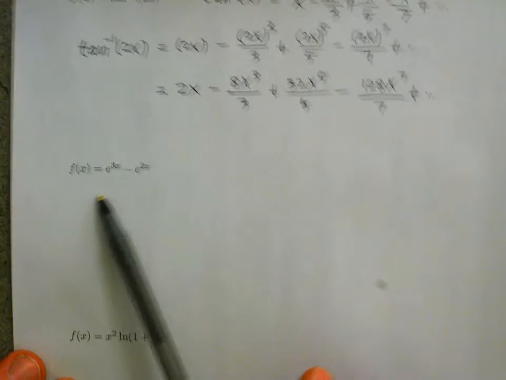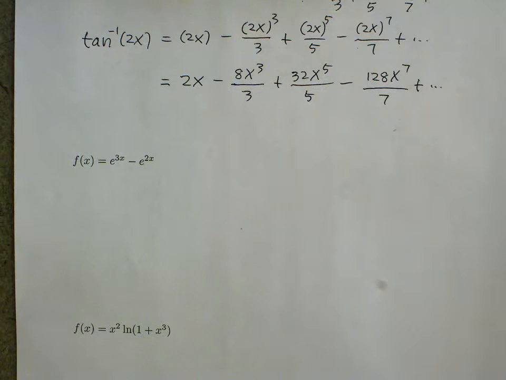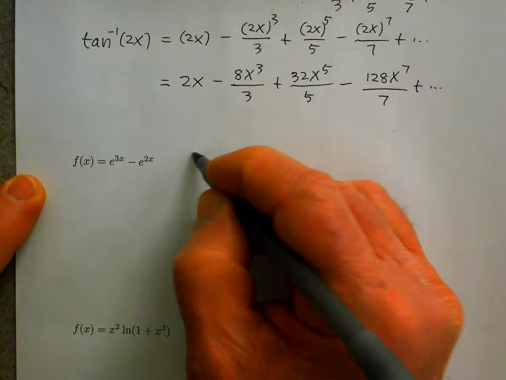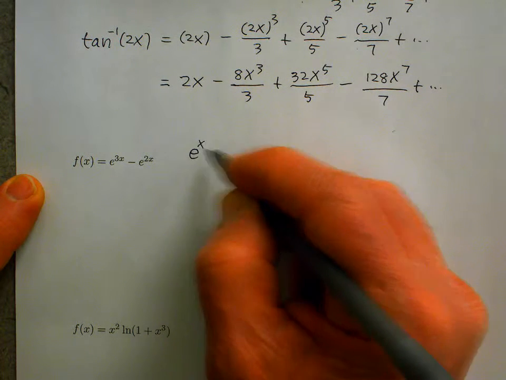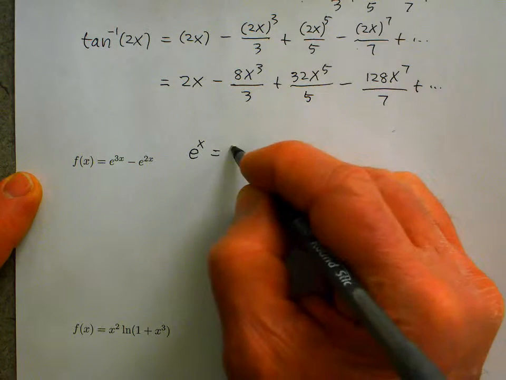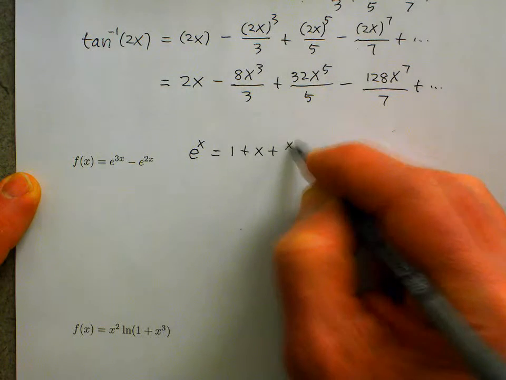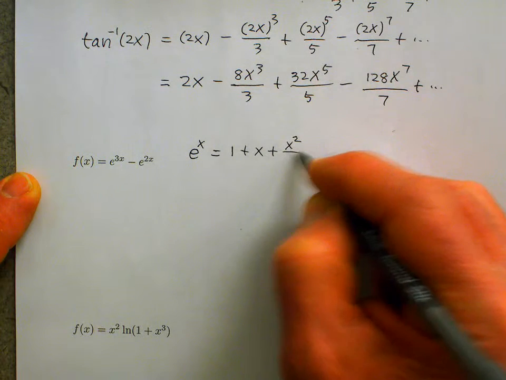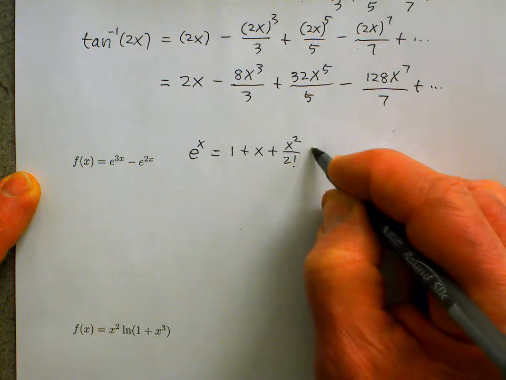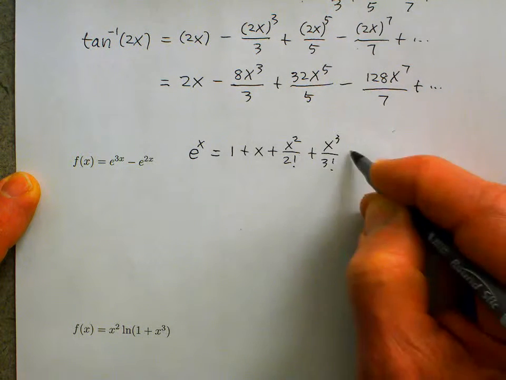f of x equals e to the 3x minus e to the 2x. So we remind ourselves that e to the x is 1 plus x plus x squared over 2 factorial plus x to the third over 3 factorial, and so on.